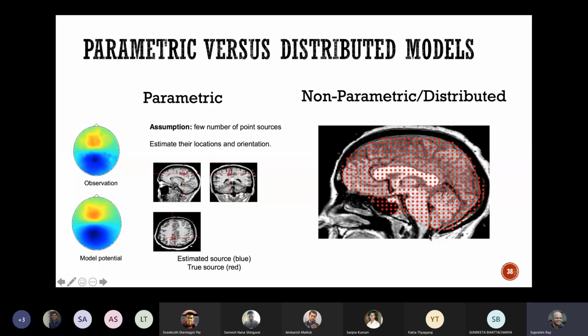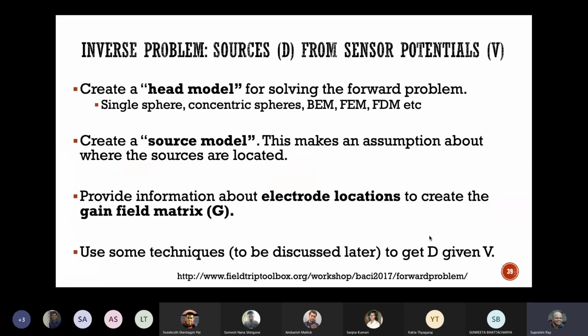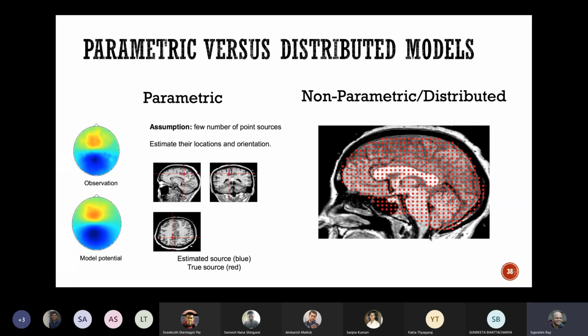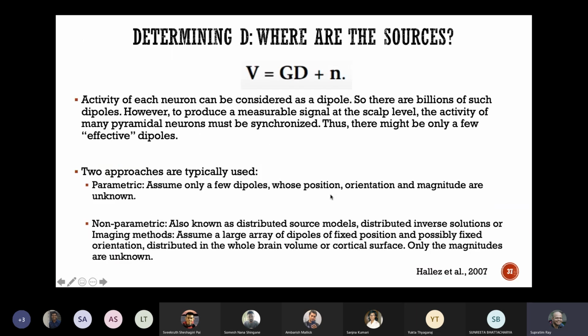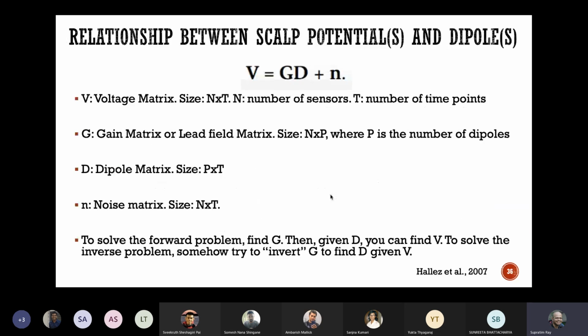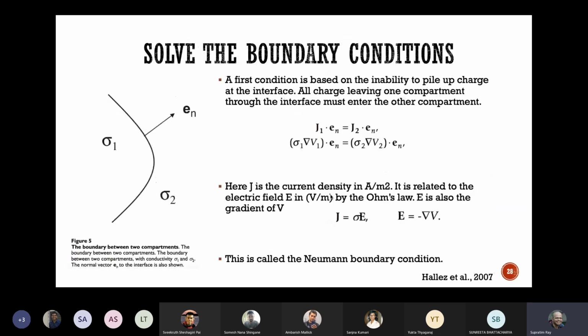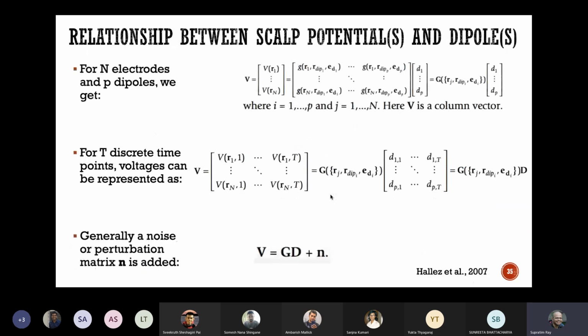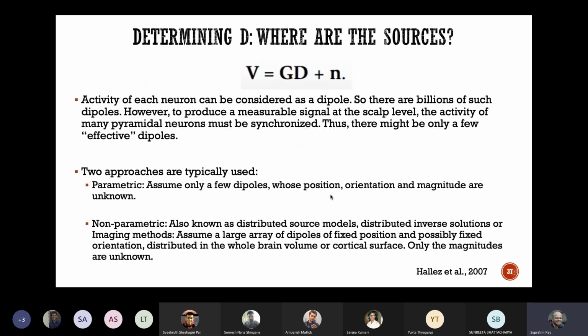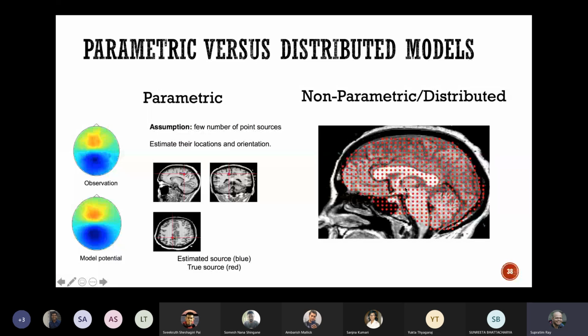In this case, you could actually pre-compute the gain field matrix, because essentially what you're doing is placing a unit dipole at each location, and then based on your head model and electrode locations, by solving these Neumann boundary conditions, you can find out what the contribution of that dipole is going to be on different locations on the head.